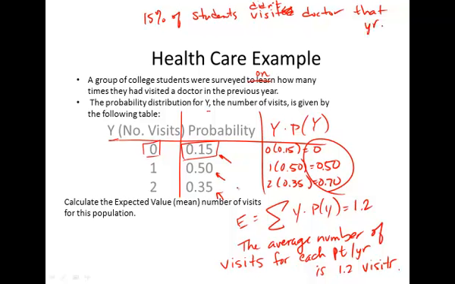That's what that means. 50% of the students visited their doctor once, right? And 35% visited twice. So that's what we're talking about here, right?